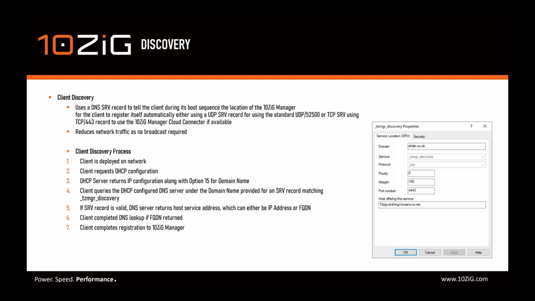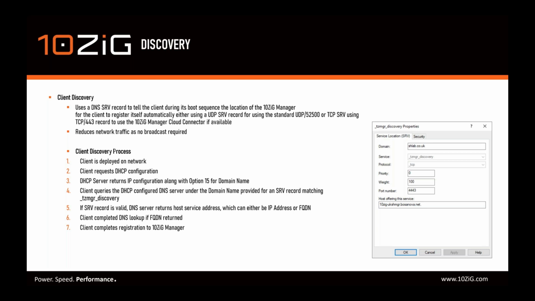The discovery process using one of these mechanisms is fairly straightforward. The client will be deployed on the network. Ordinarily, it will do a DHCP request to learn its IP configuration, but as part of that, the DHCP server will send it an option 15, including the domain it should look up for the associated SRV record.